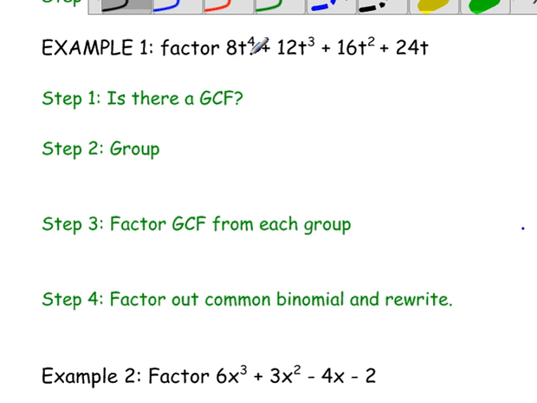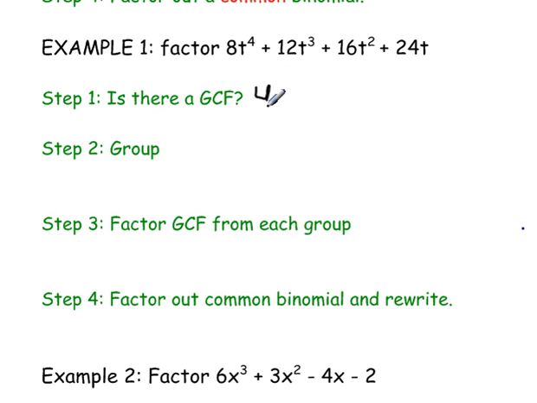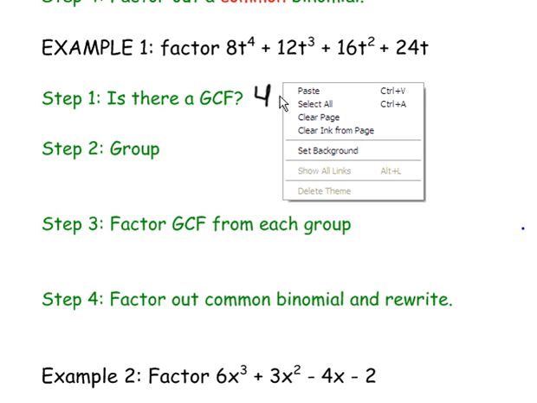Numerically, between an 8, a 12, a 16, and a 24, what number do they all have in common? They all have a 2 and a 4, but 4 is the greatest. Alright, they all have a t in common, and the smallest t term is t to the first, so I can factor that out.